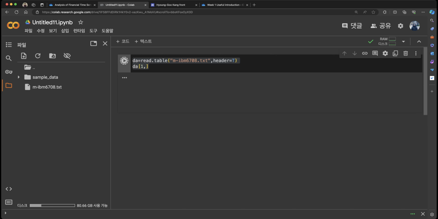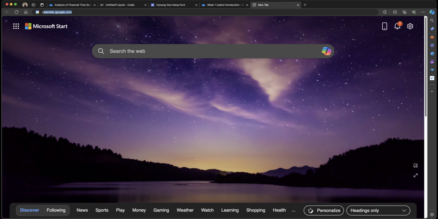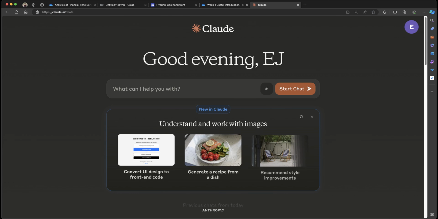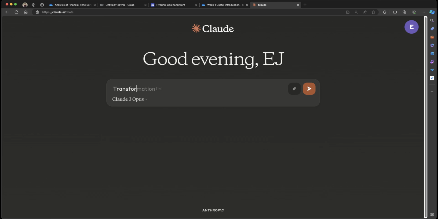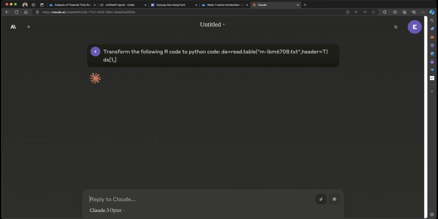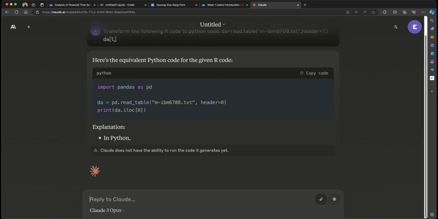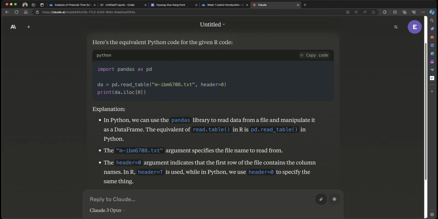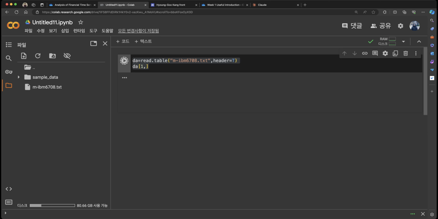So nowadays I can go to AI. Claude, this is Claude.ai. Transform the following R code to Python code, and then paste. Here is the equivalent Python code. I can copy the code and then go to Python.